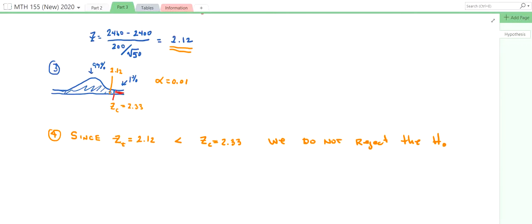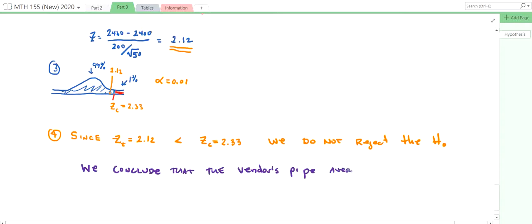So we need to make a statement here now. We conclude then that the vendor's pipe average strength.